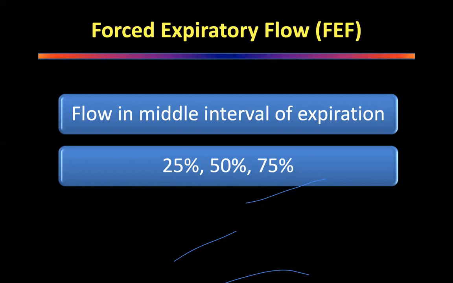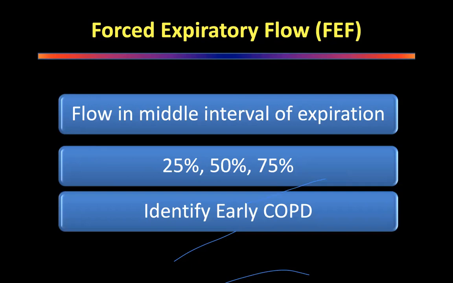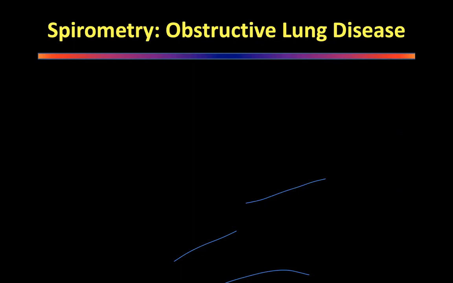So your overall FEV1 and FVC may remain normal, but there will be subtle changes at 25%, 50%, 75%. And that sometimes helps the pulmonologist to identify subtle or early changes. And it is an additional graph that you can get out of the same spirometry graph, okay?